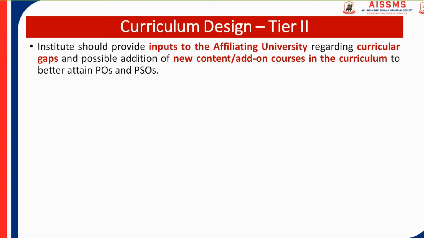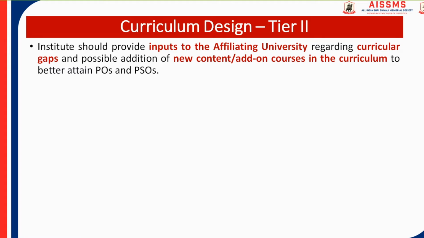Many of the colleges are taking inputs from this DAB, where the constitution itself includes persons from industry, persons from professional bodies, then your alumni, your students, your senior teachers.